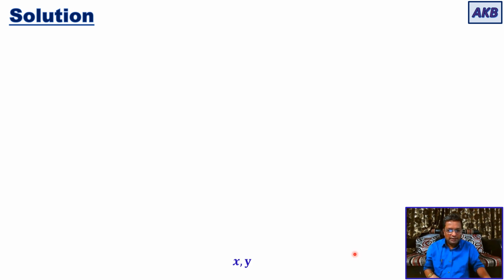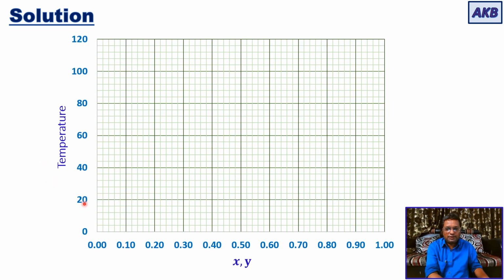For that, x and y, that is, the mole fraction of A in liquid and vapor phases, will be plotted on the x-axis, whereas the various temperatures will be plotted on the y-axis.